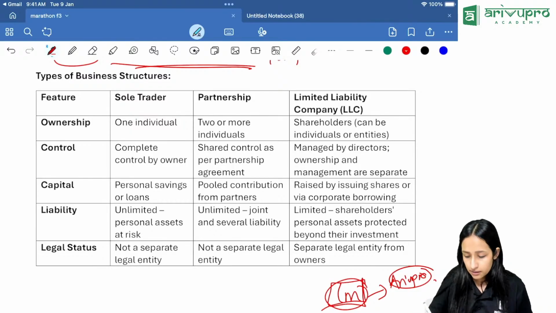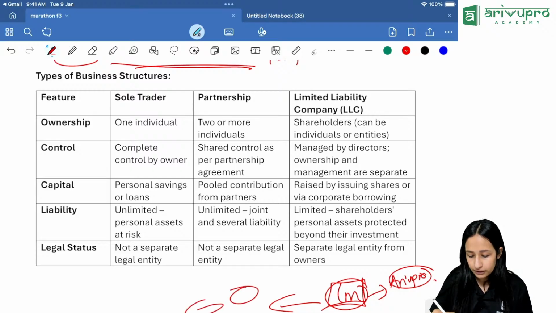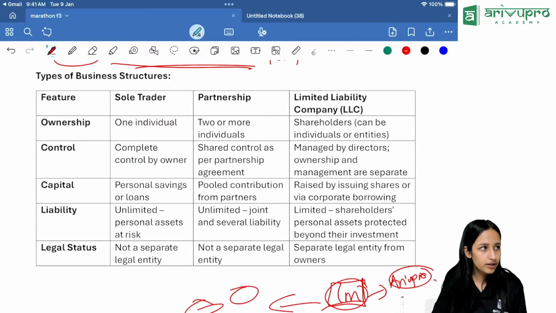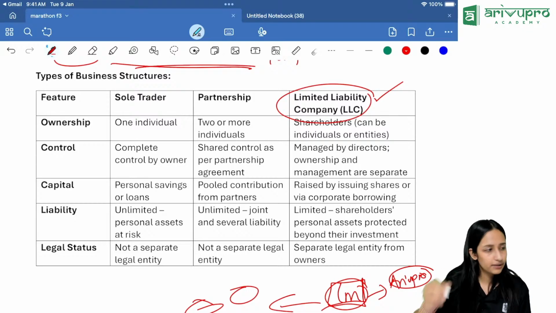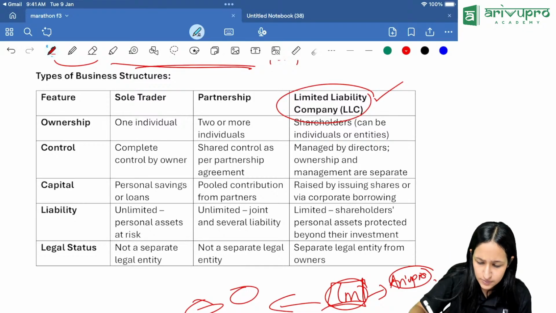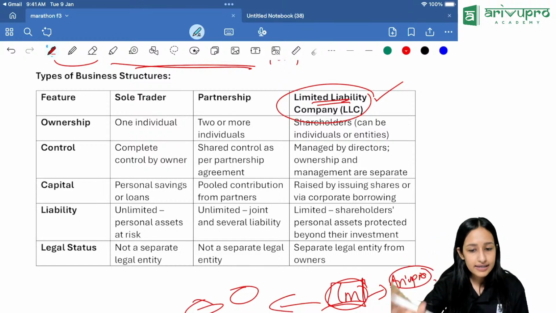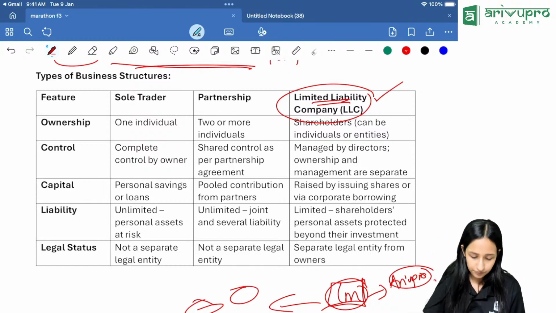Correct? Because they can't come for my house, my property, my jewelry, or whatever assets that I have. They cannot come and snatch it from me just because I'm investing in the company. Correct? So that is limited liability company. That's why the name itself says limited liability. Only the amount that I have invested, that is what I will be liable for.